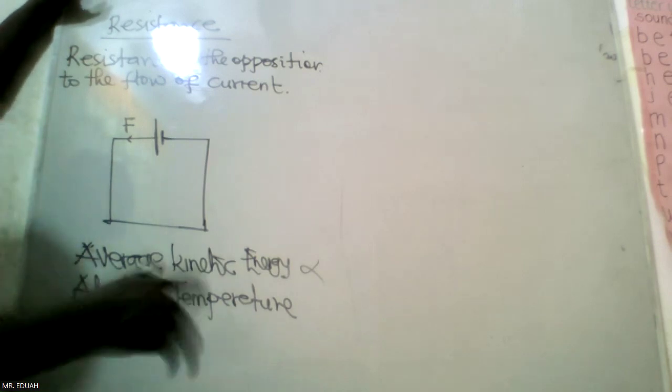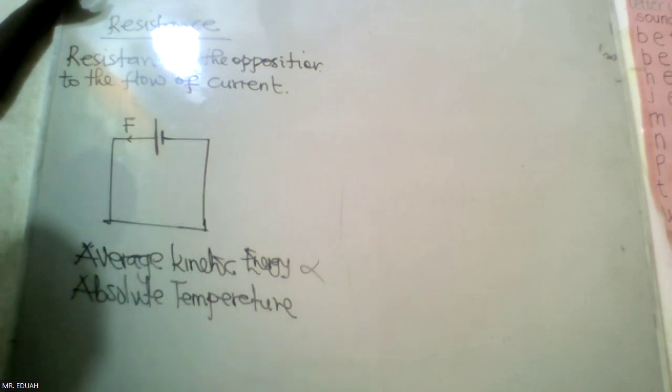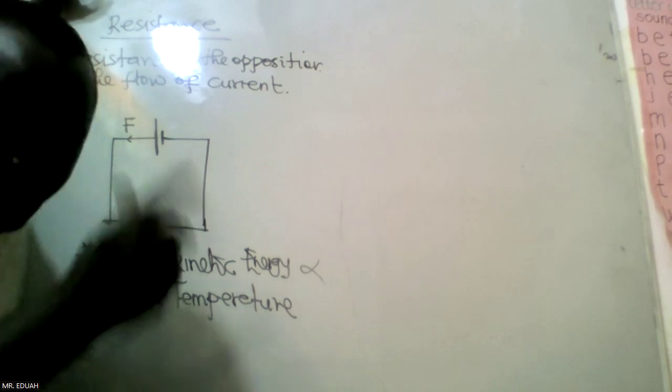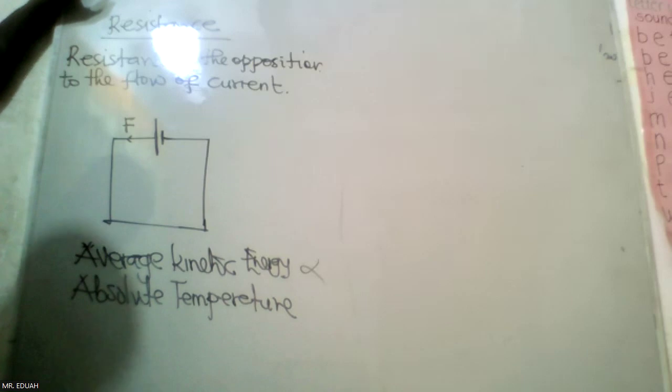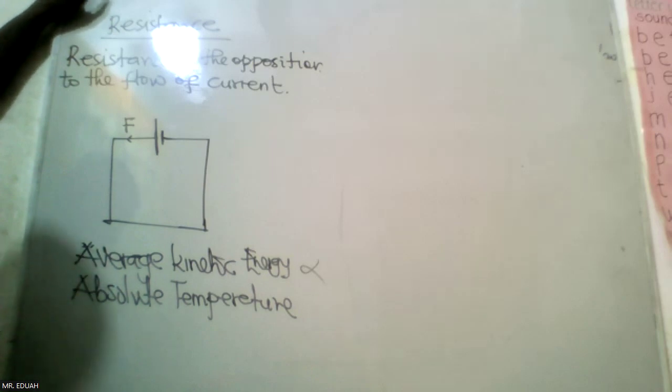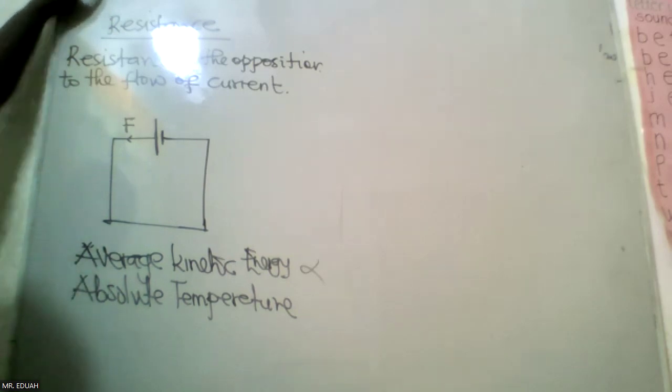But it's about the flow of charge. When the charge is positive or negative, and it is not stationary but in motion, that brings about electric current. Are you okay?